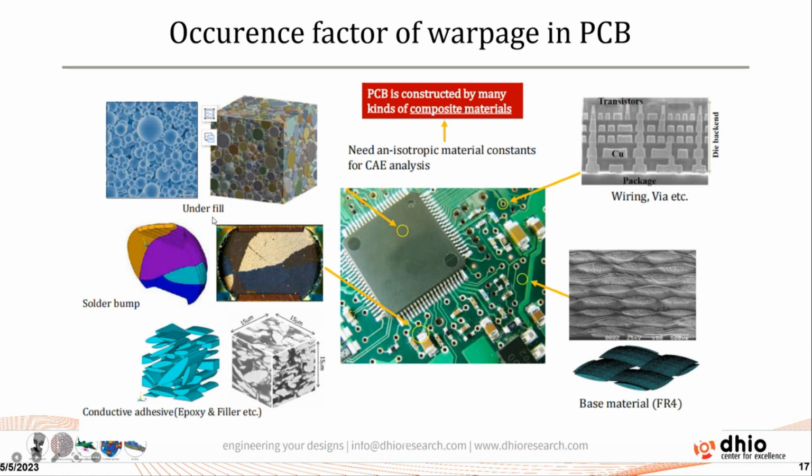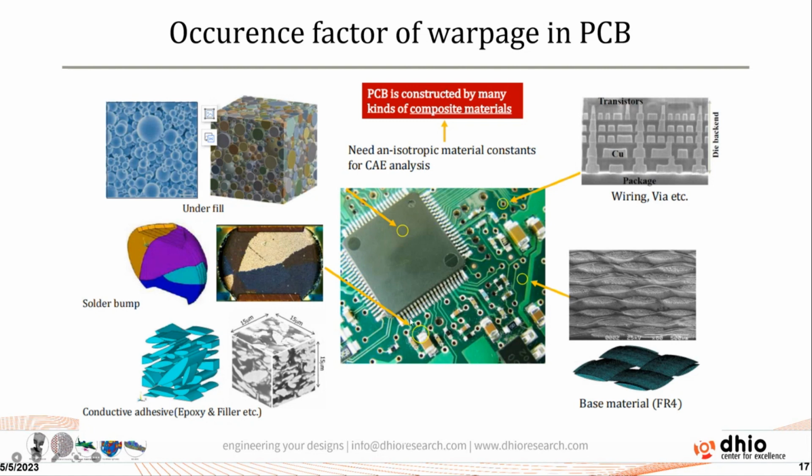So normally this package in a PCB board is composed of different materials, starting from the filler dispersed plastic material and the solder bump. You can see the solders, and there are some adhesives which join the semiconductor and the IC.